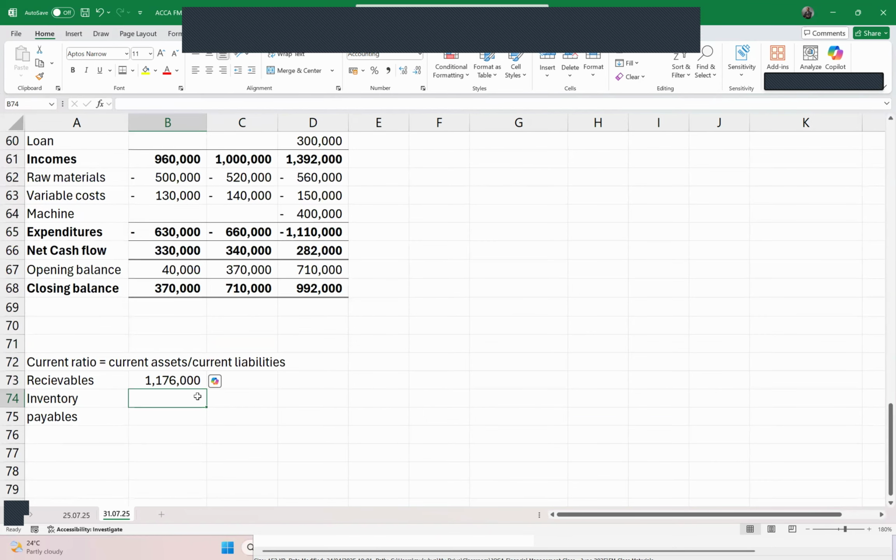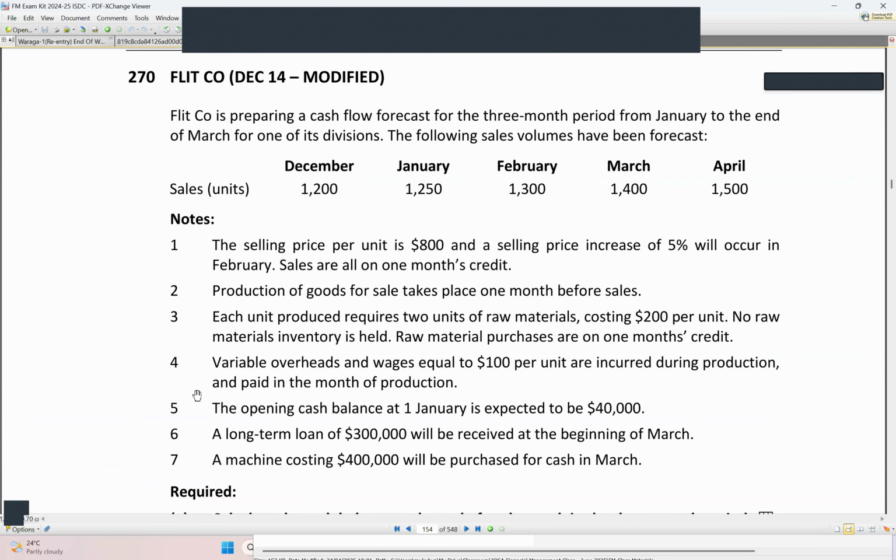Now the inventory as of March will be, so remember inventory in March that we are producing will be what will be sold in April. So now what we are going to do is that we are going to get this 1,500 and then we multiply it by 200 for the 2 units, and also we add the variable cost.